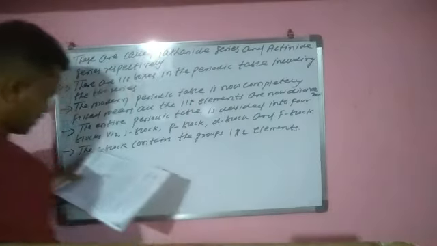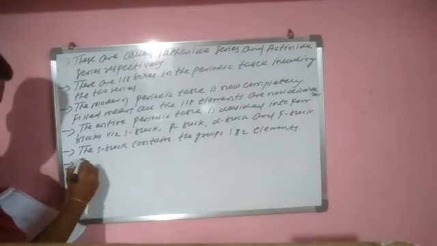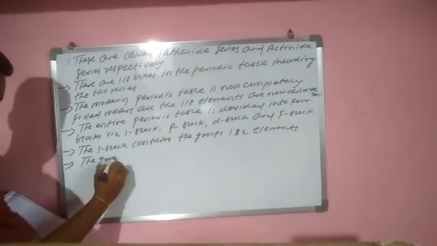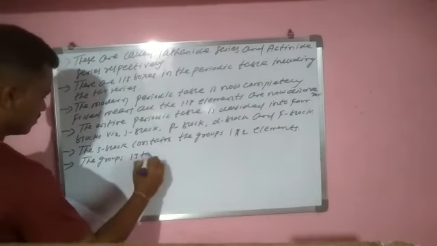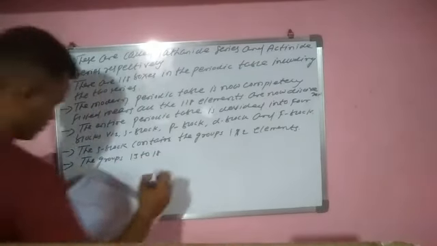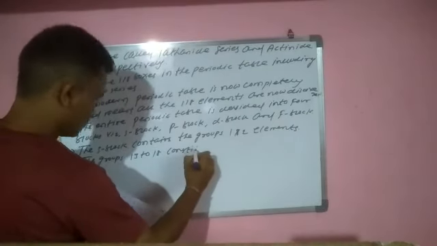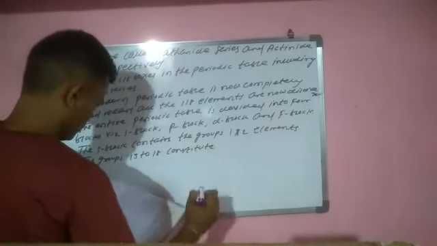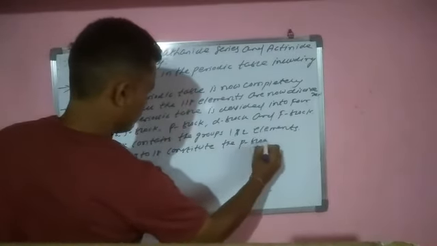Next, now the groups 13 to 18 constitute the P block elements.